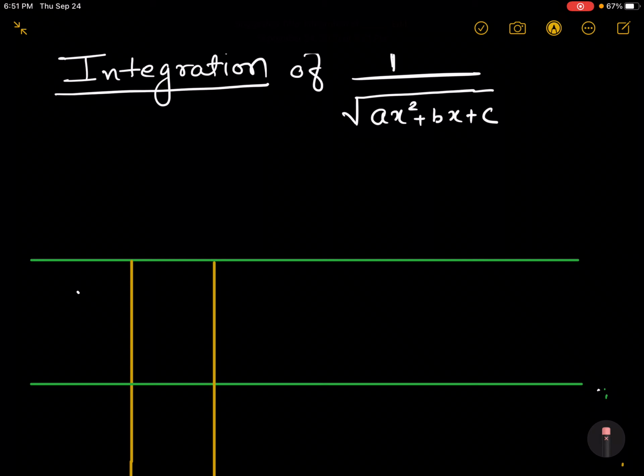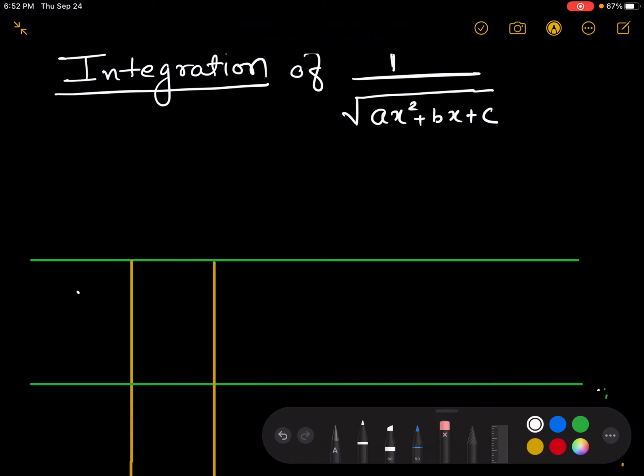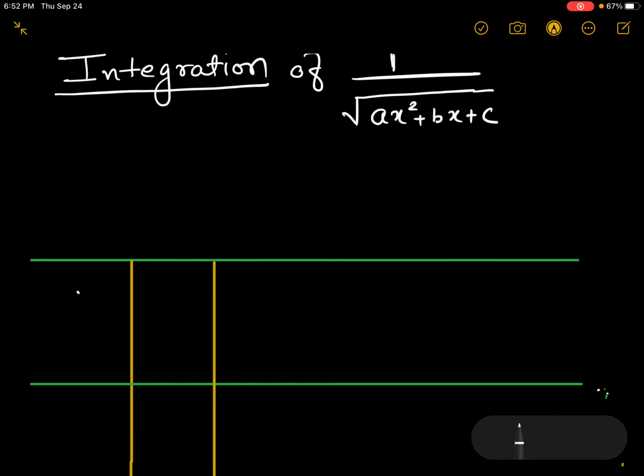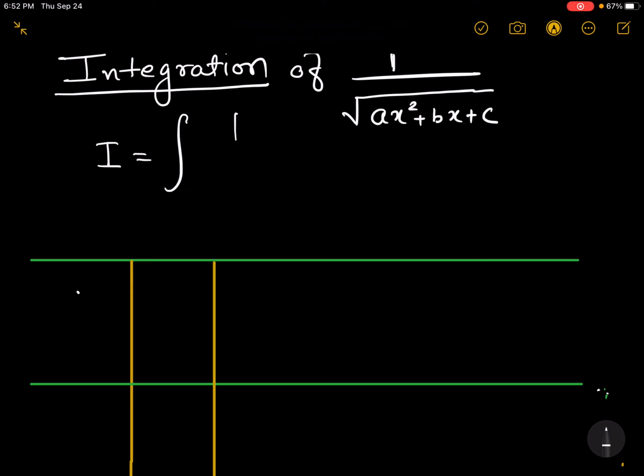And today I will discuss how we can find the integration of 1 upon square root of ax square plus bx plus c in a very easy way. So suppose a question is in front of you, that is integration of 1 upon square root of ax square plus bx plus c dx.